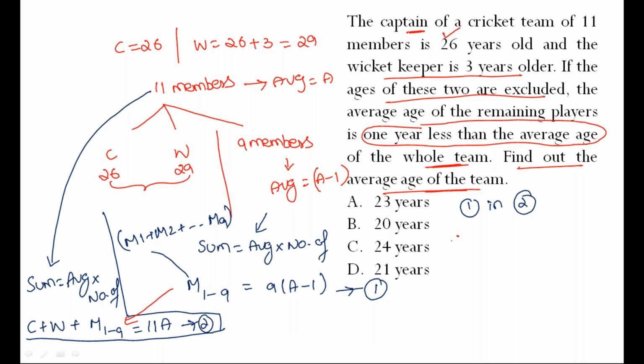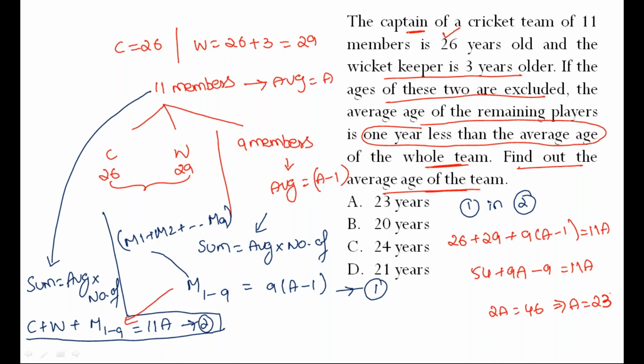So captain is 26, wicket keeper is 29, plus M1 to 9 is 9 into A minus 1 equal to 11A. Now if you see, 54 plus 9A minus 9 equal to 11A. Hope you understand. 2A equal to 46 and A equal to 23.